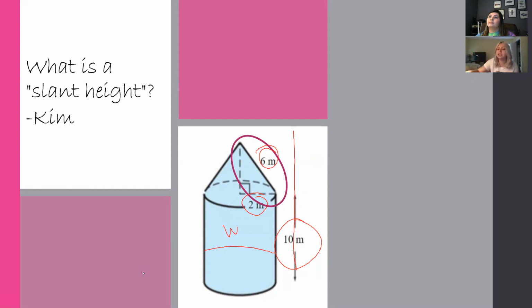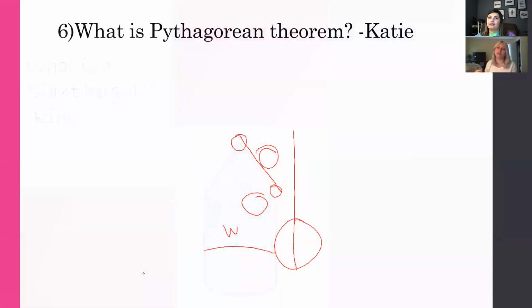So the slant height would be from here to the very point, how long that slant is. If you think about a hill, it doesn't have to be a house. You think about how long that hill decreases before going straight again. That's like a slant height. That's the way I can visualize it. So our slant height would be equal to 6 meters, or inches or whatever.